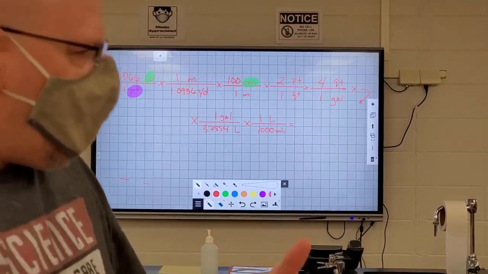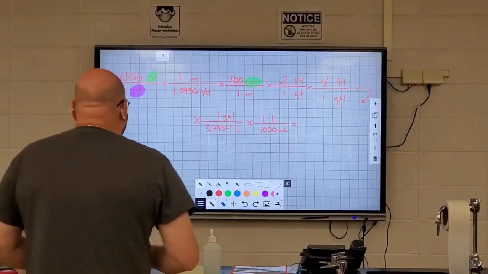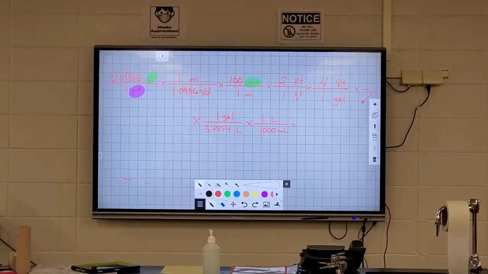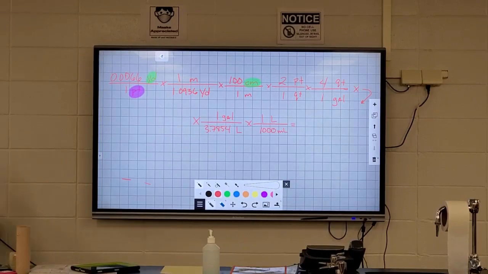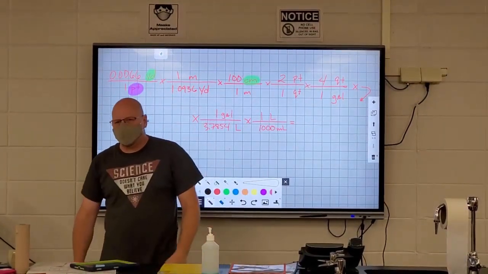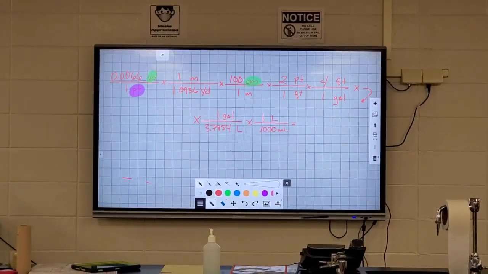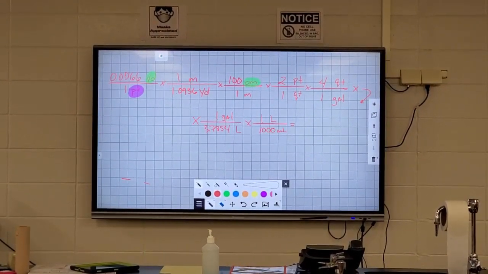The numbers on the bottom, you hit the divide button before you enter that number. That's it. No parentheses, don't have to hit enter multiple times. Don't do multiply all the tops and then do the bottoms. You're setting yourself up for an error. Okay?